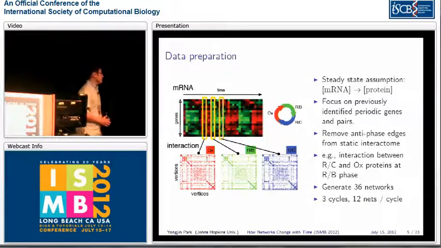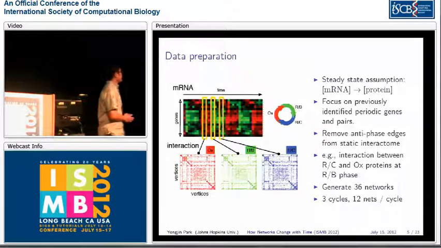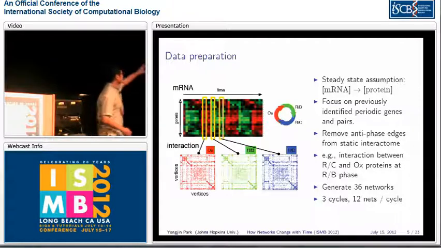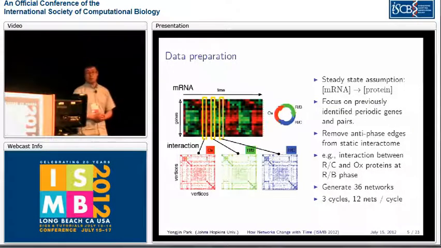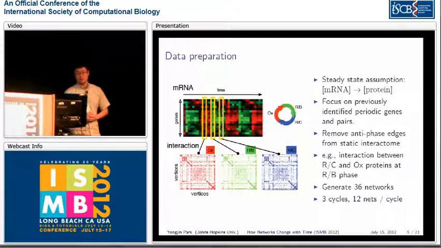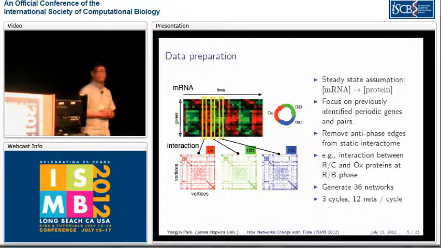Here is the data processing. Given these mRNA arrays, the x-axis is time and the y-axis is genes. We map the interaction patterns to the BioGrid interactome, and we focus on previously identified periodic genes and their pairs. We removed the antiphasic edges.